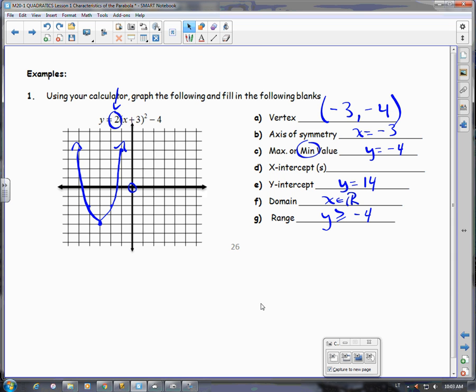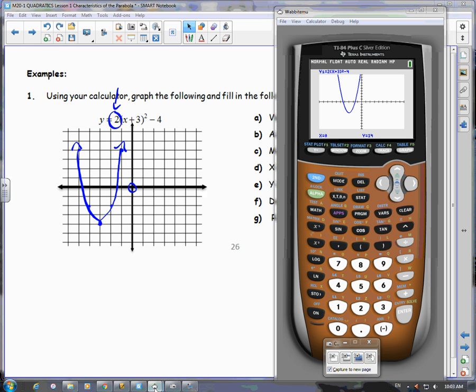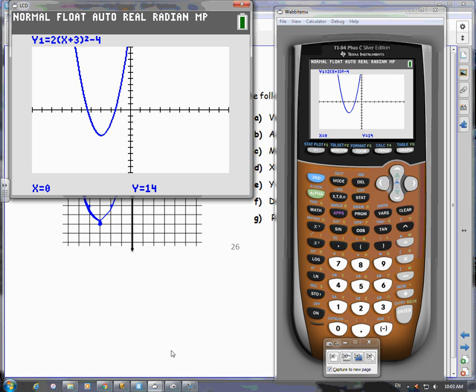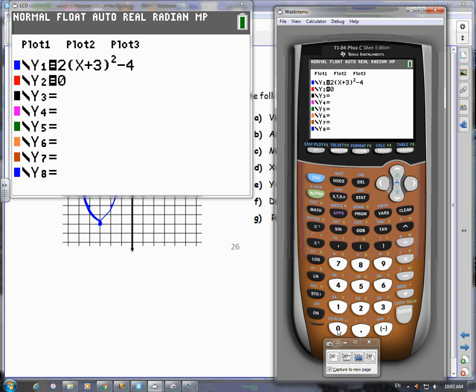Good. Okay. So to find the x-intercept, I can either use the 0 feature, or as I mentioned, I think it's easier, it's going to be faster, if I simply put in y2 equals 0. And if you have one of the colored calculators, then it's easy to tell the difference between red and blue.